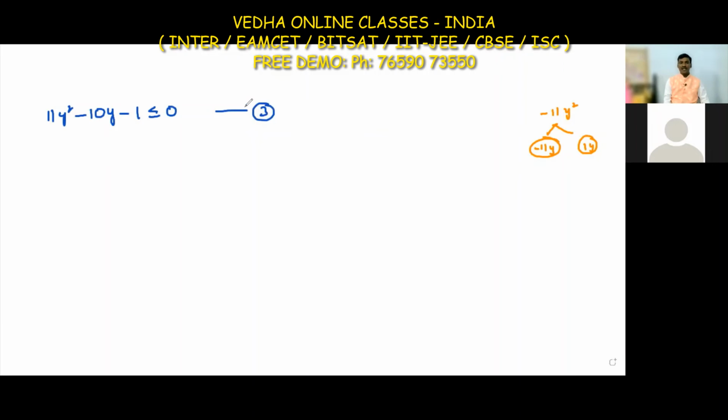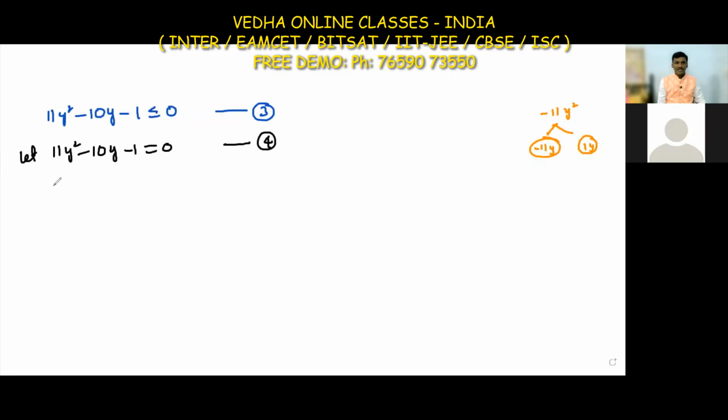Let me take 11y square minus 10y minus 1 equal to 0, as equation 4. With equal to 0, you solve and simplify. After solving, we apply it for the inequation again.